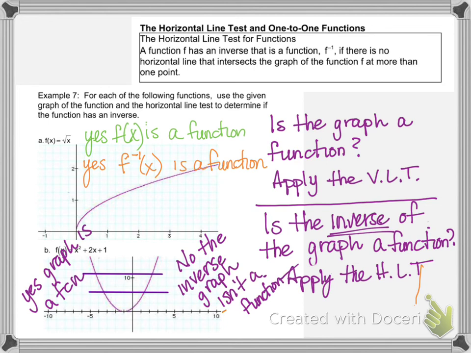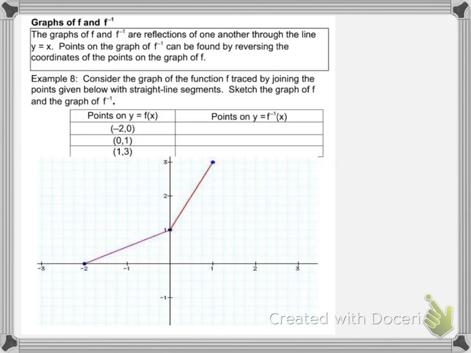If it passes the horizontal line test, by the way, it means your function is 1-to-1. And we arrived at the last example. I am going to be giving you a picture of a graph, and you have to be able to plot its inverse.